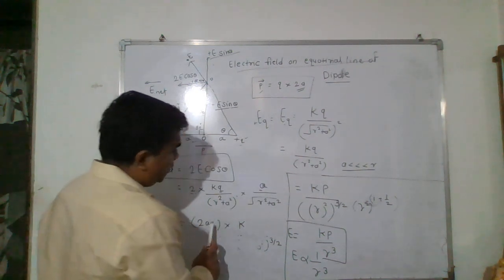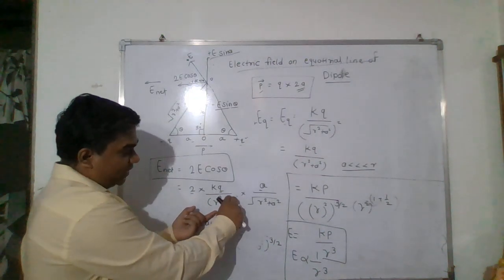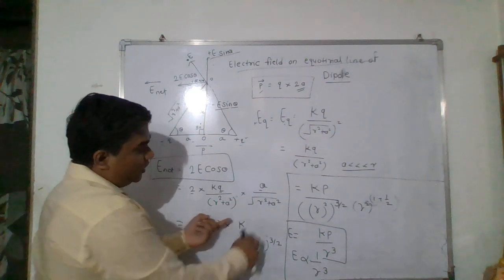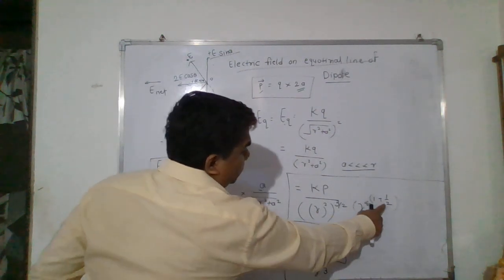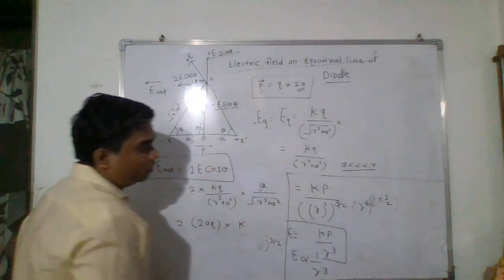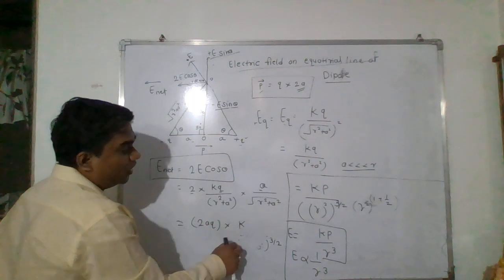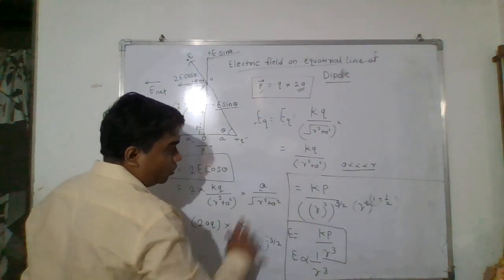Now this r square has the power 1, and this r square is under square root, so it has the power 1 by 2.